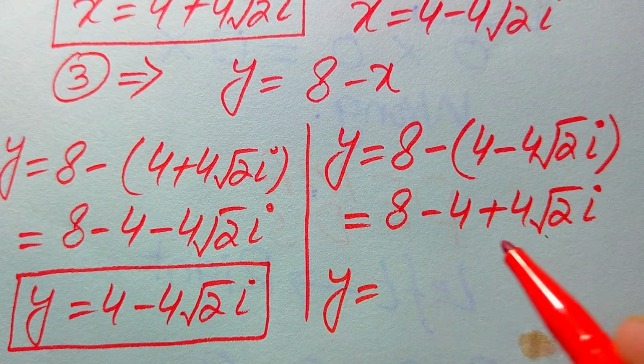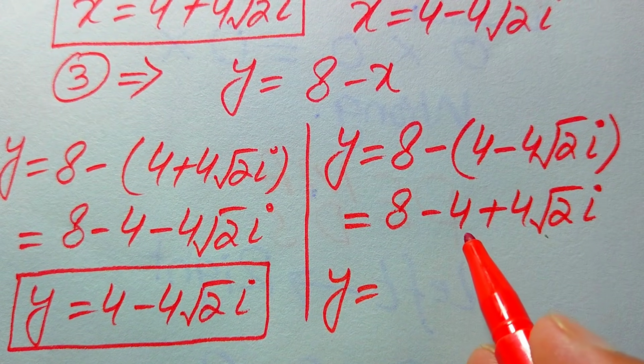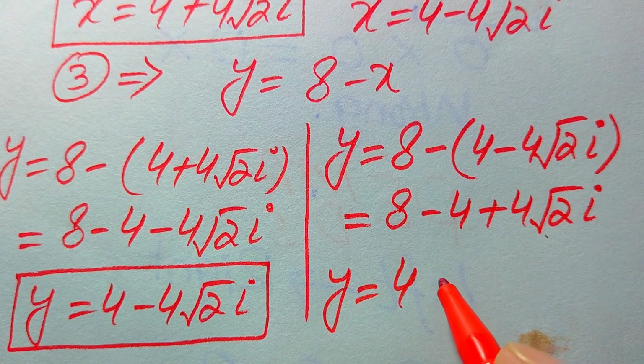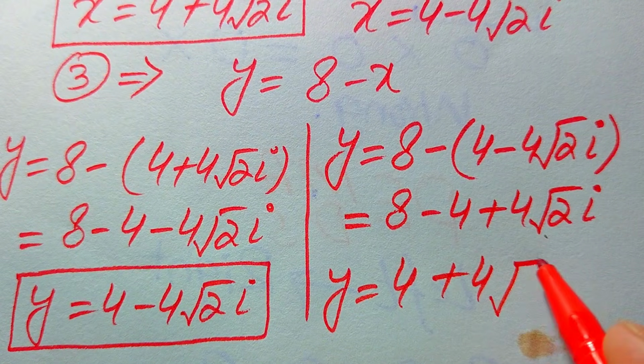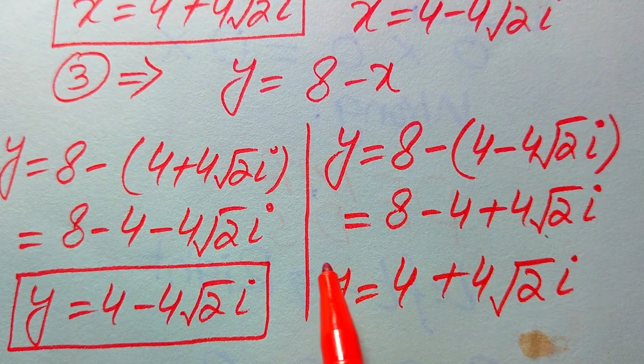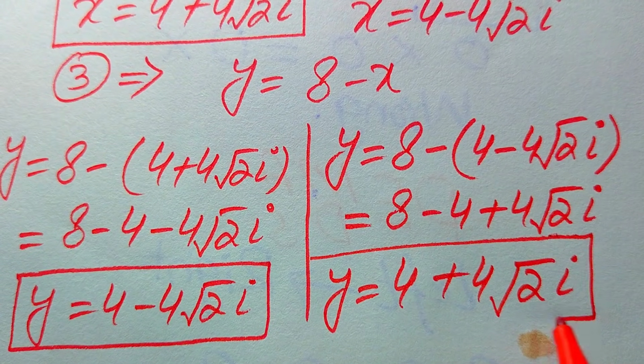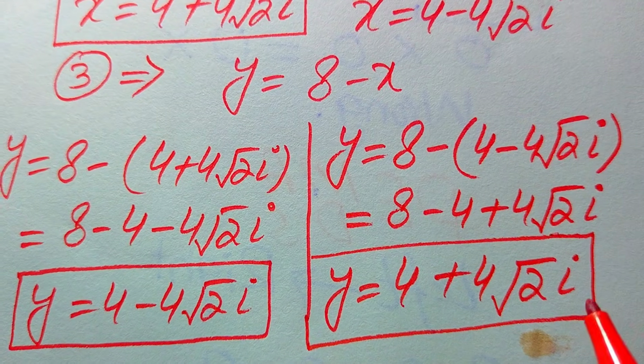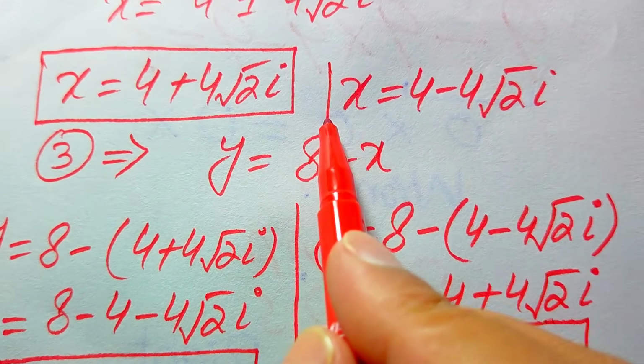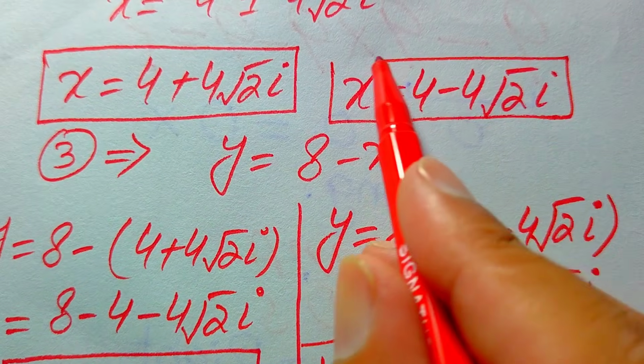So from here we get 8 minus 4 becomes 4 plus 4 times the square root of 2 into iota. So this is the second value of y corresponding to this value of x.